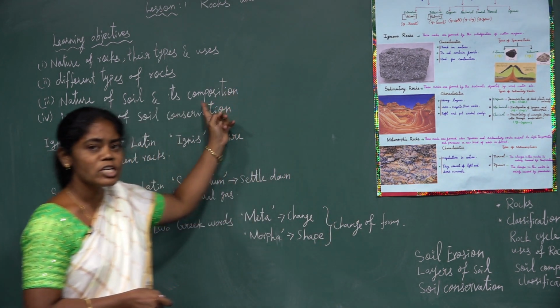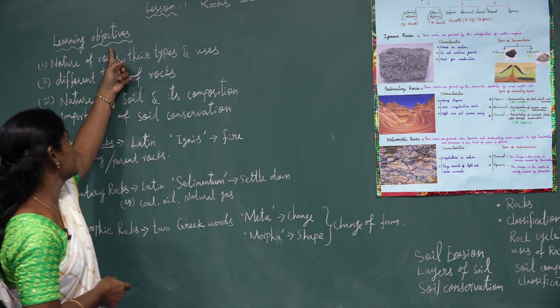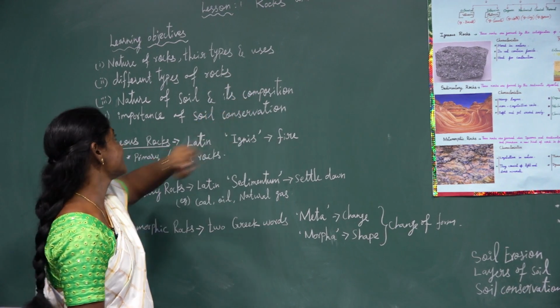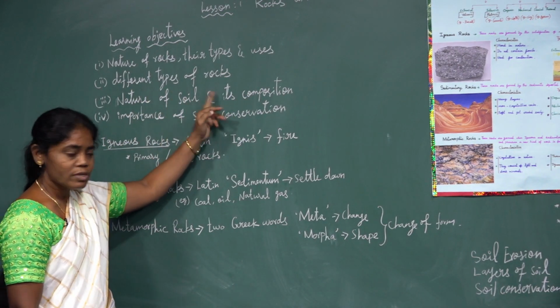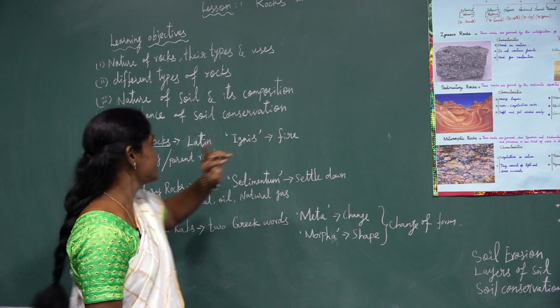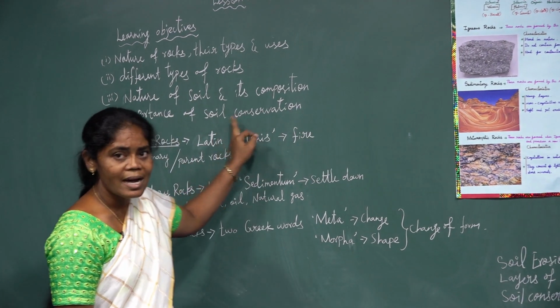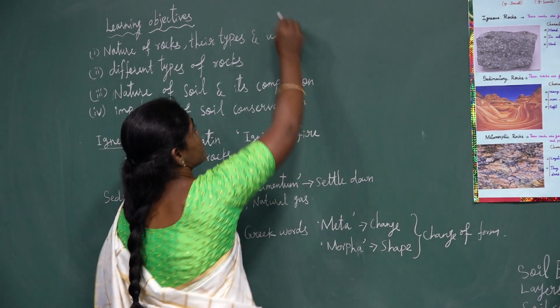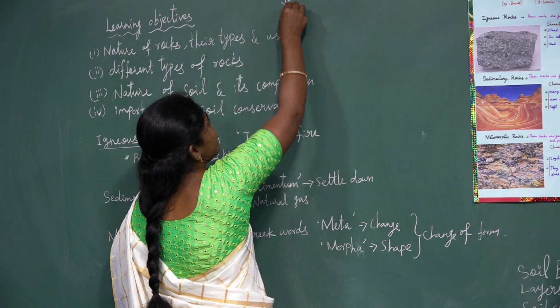In this lesson we are going to learn the objectives, nature of rocks and their types and uses, different types of rocks, nature of soil and its composition, importance of soil and conservation. Now first we will see rock. What is meant by rock?